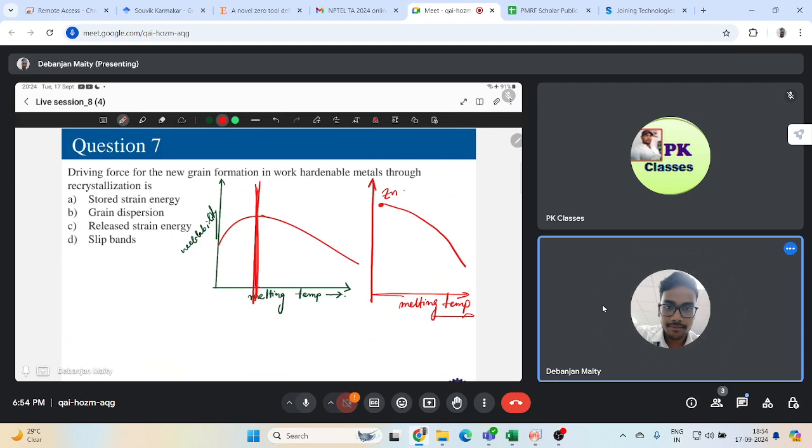I forgot the melting temperature, let me check once. No, brass melting temperature is of course very high because it has copper in it. Zinc has a very low melting temperature, somewhere around 300. Right?